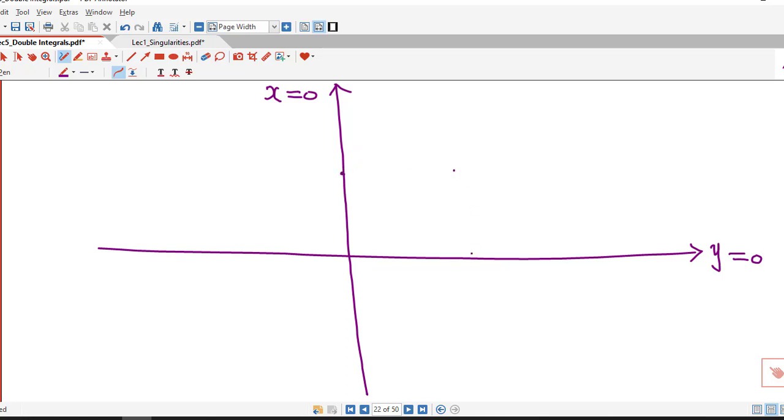So suppose we consider this much distance as a, then this point is going to be (a, a), and we have the line x equal to a, which will pass through these two points, a line parallel to the y axis.